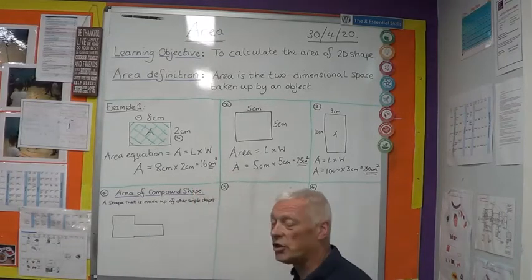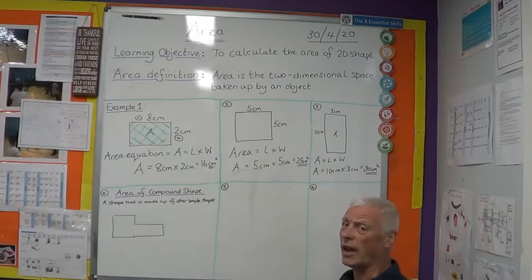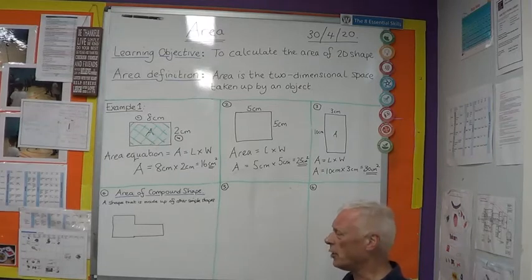The shape that I've given you is still a 2D shape, but it's made up of more than one rectangle.